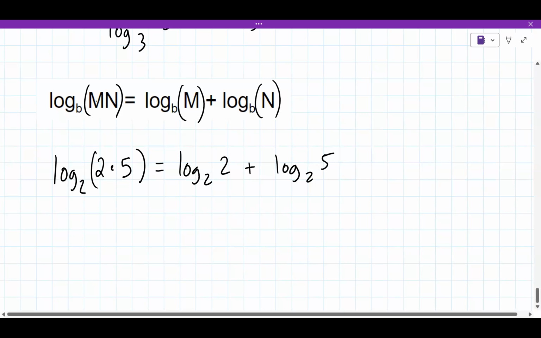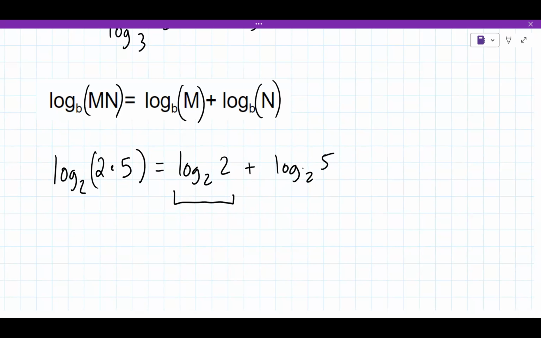Notice that whatever we're multiplying inside the parentheses becomes a sum. A single logarithm goes to 2 logarithms. Is that clear?